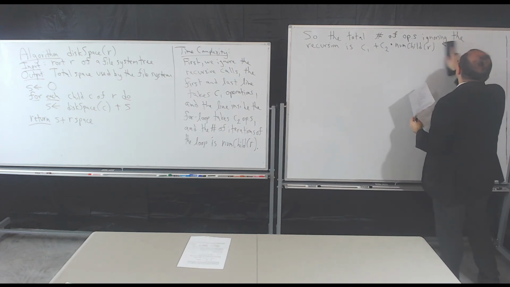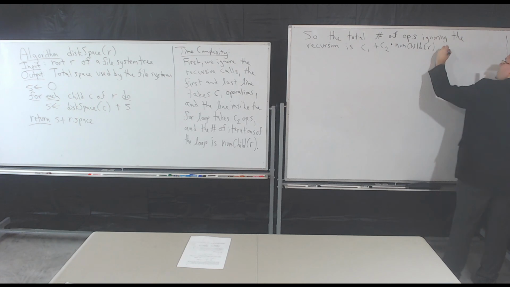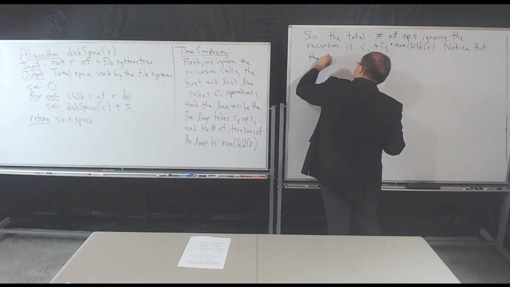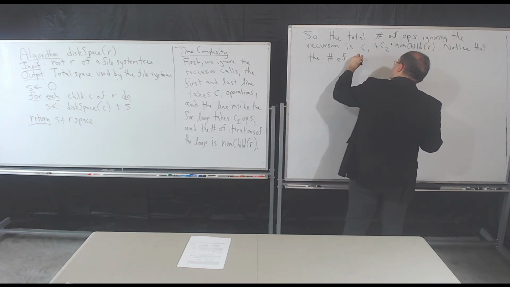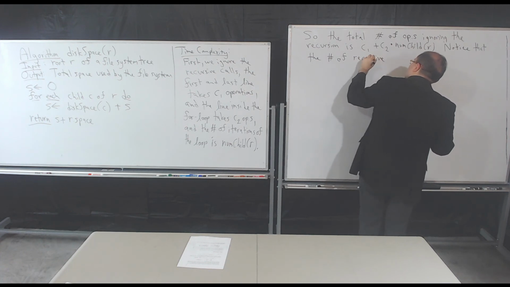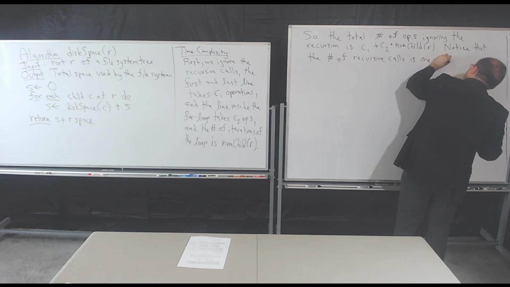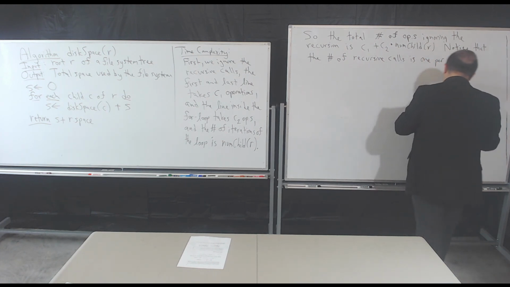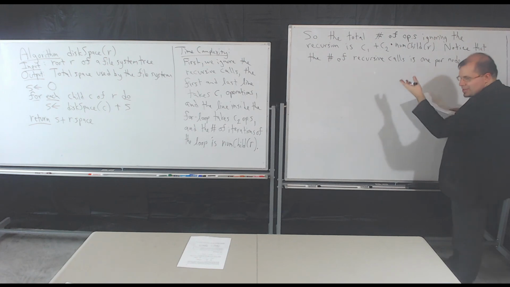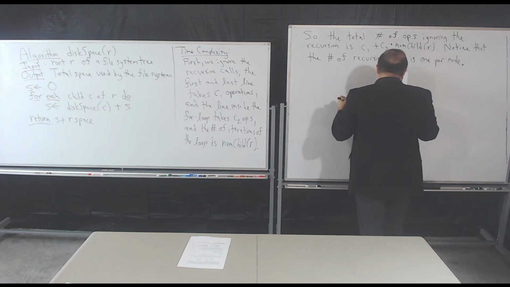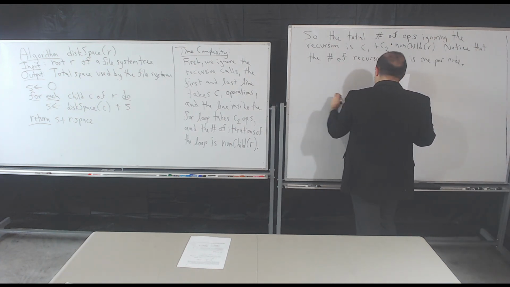I'll say, notice that the number of recursive calls is one per node. So naturally you'd want to justify this. We're not going to for the sake of our explanation. One per node. I think everybody can be convinced by this fact.